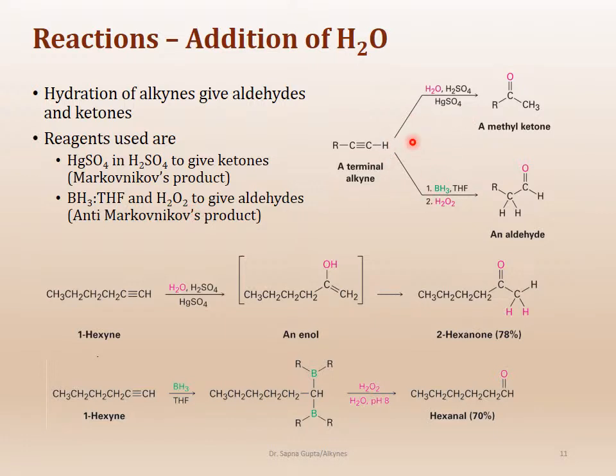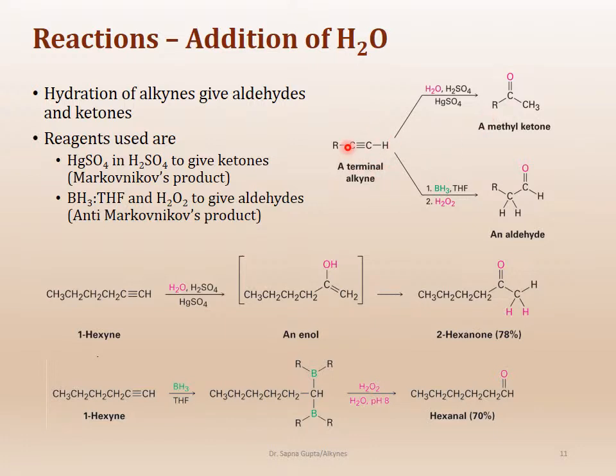So if you have a terminal alkyne and you treat that with mercury sulfate, you will get the typical Markovnikov addition, which means that the hydrogen will go to the carbon with more hydrogen and you end up getting a ketone. This is another thing that is different from alkenes, because in alkenes, when you added water, you got alcohols. Now, since alkynes are more oxidized, you're getting the more oxidized product, which is a ketone.